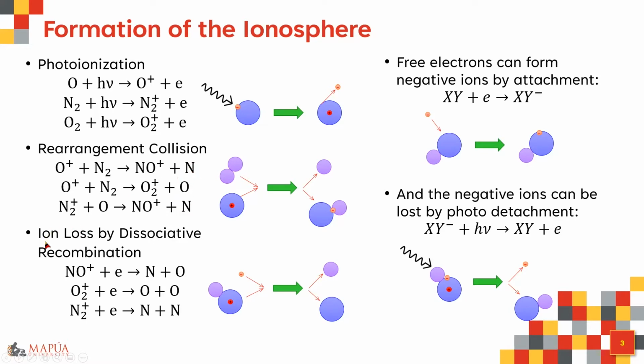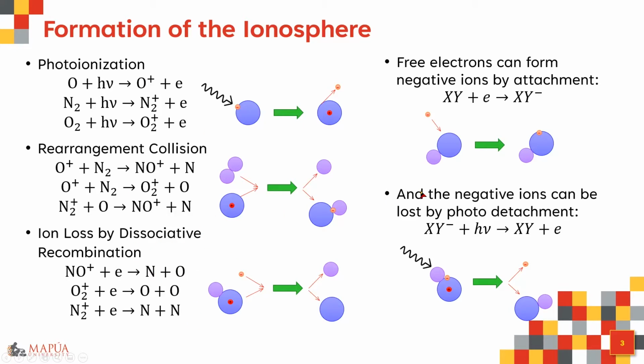We can also have a reverse version of ionization wherein ions are lost by dissociative recombination. Basically, that's the reverse process of photoionization, wherein your free electrons caused by photoionization interact or combine with positively charged ions, forming neutral atoms.